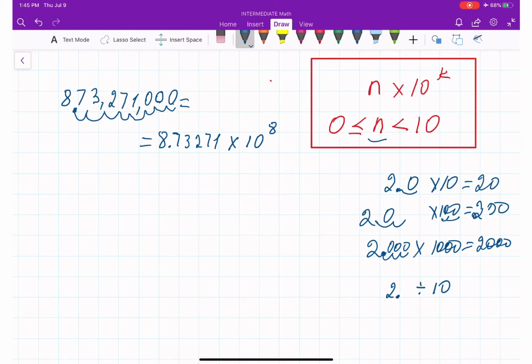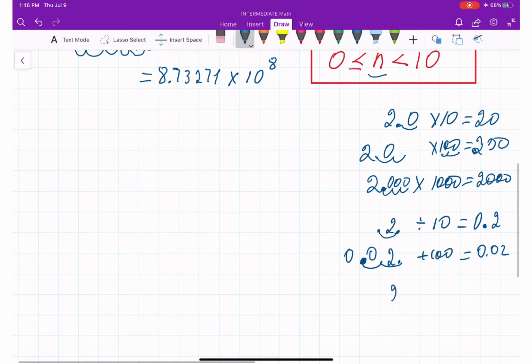But divided by 10, you move one position, and it's going to be 0.2. Divide by 100: this is 2, the point is right here. By 100, 1 and then 2, this is where your point is going to be. So 0 and 0, you get 0.02.